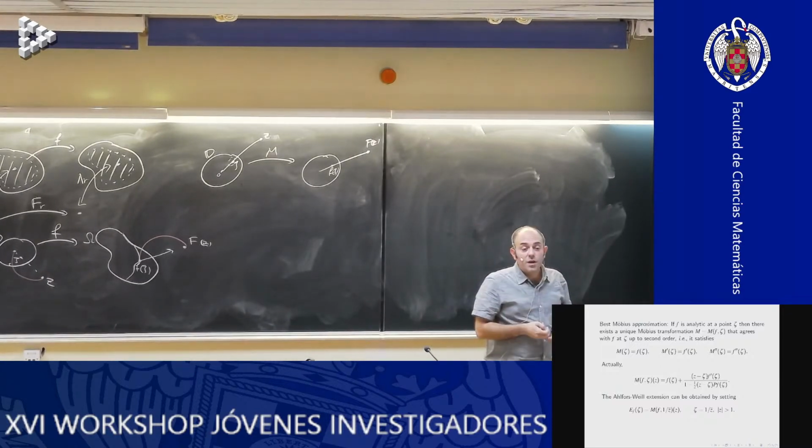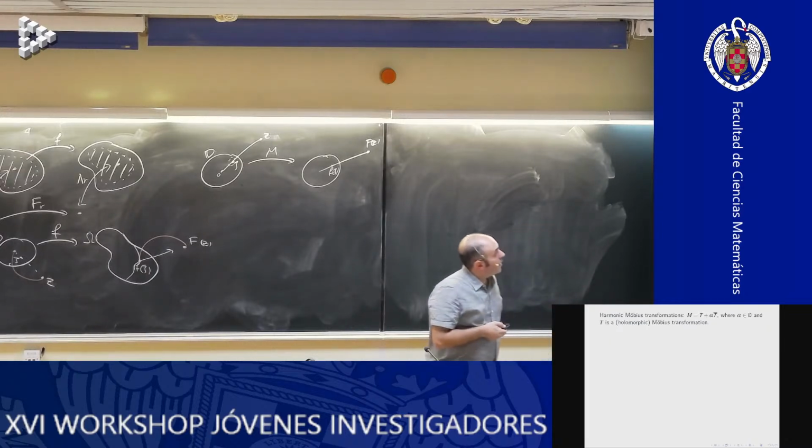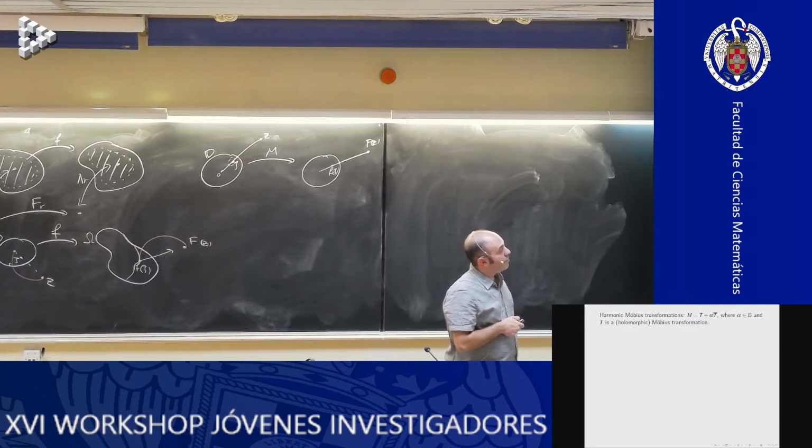And yes, the moment I saw that, I thought that I can do it for harmonic mappings because I know best Möbius approximation for harmonic mappings. First of all, harmonic Möbius transformations are the affine transformations of analytic Möbius, okay, so t plus alpha t bar for some alpha in the unit disk, so that orientation is still preserved here.